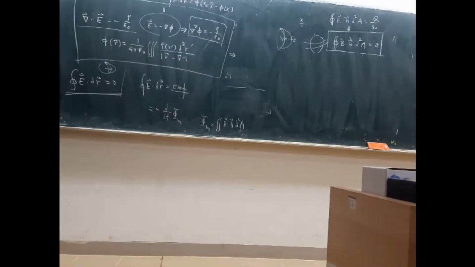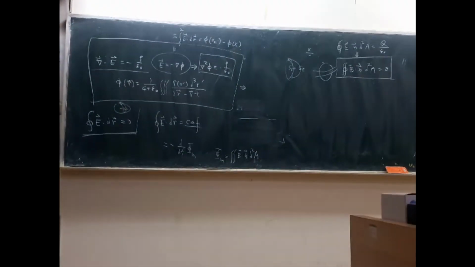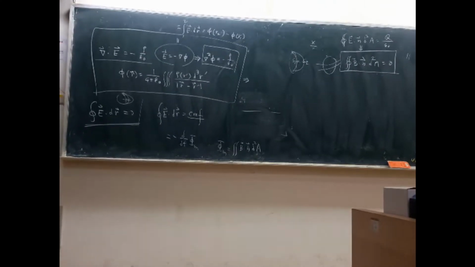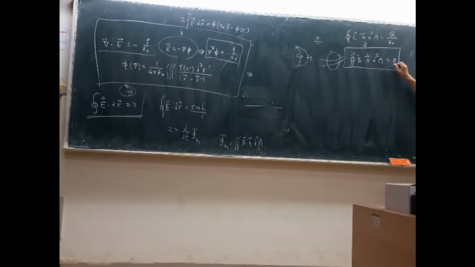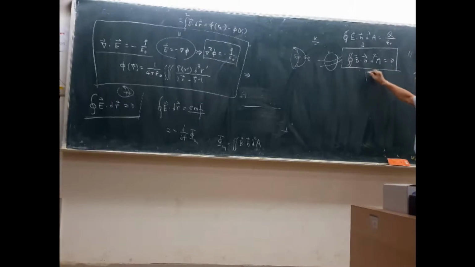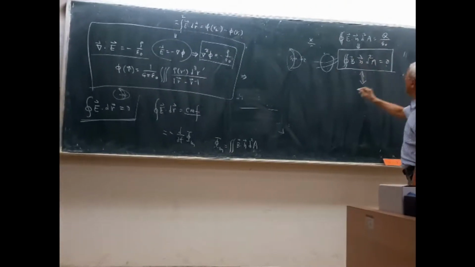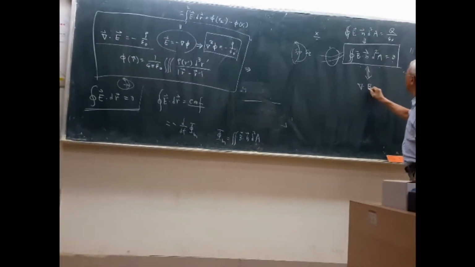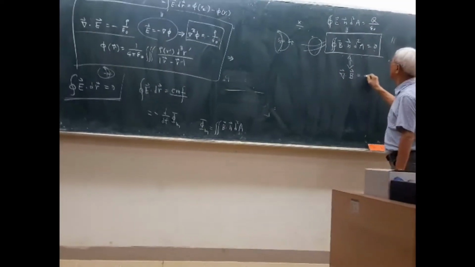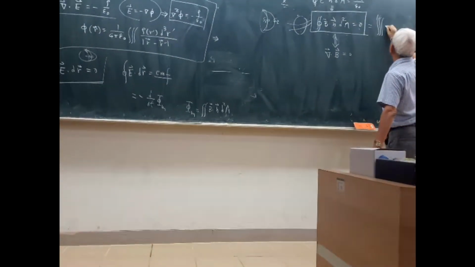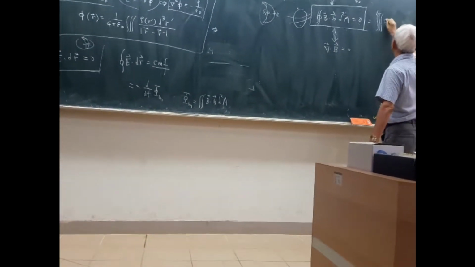Gauss law means that the total outgoing flux, net flux, is equal to the total charge involved. And there's no magnetic charge, so that's 0. And that 0 implies divergence of B is 0, right? Because this is equal to the integral of divergence B by Gauss divergence theorem.